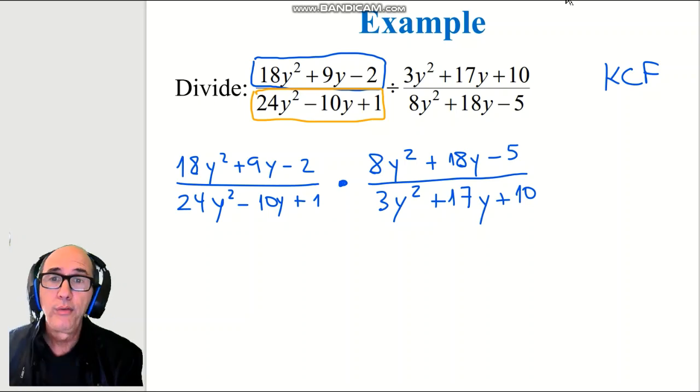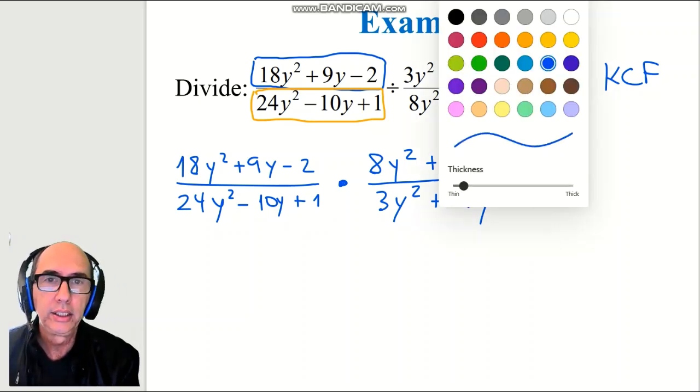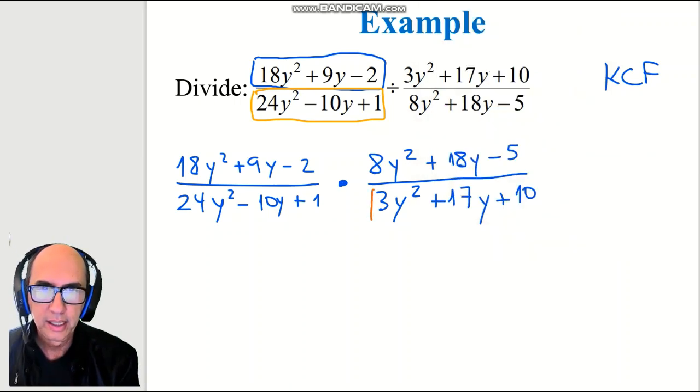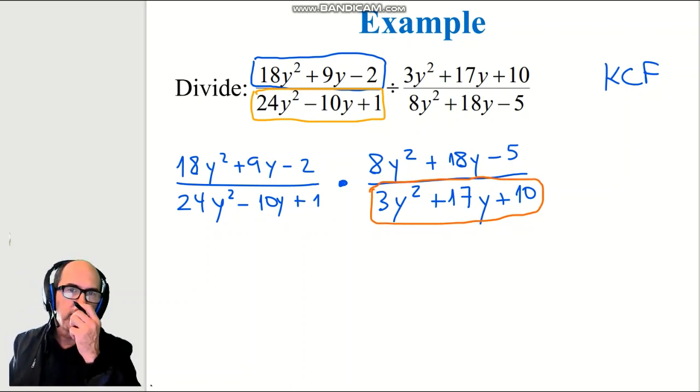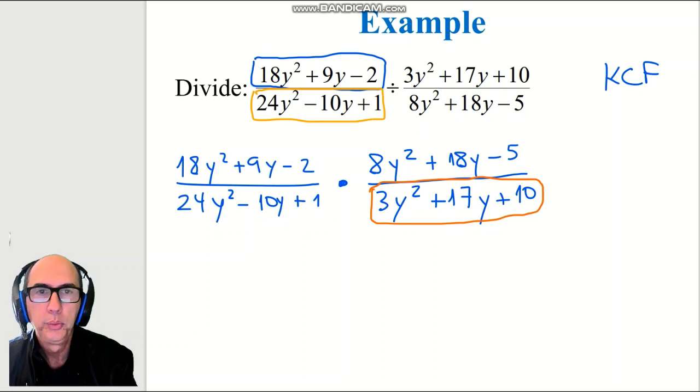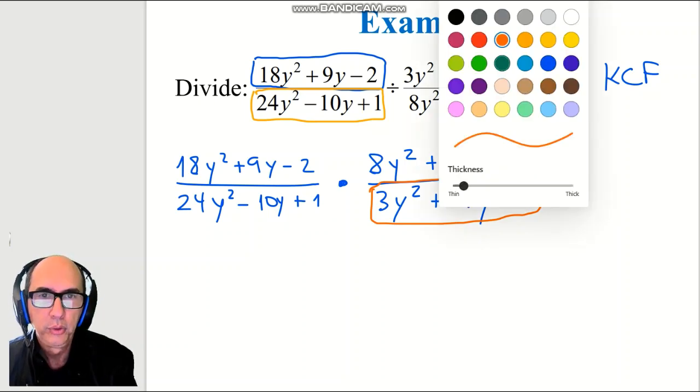Okay. Now for each one, let's get just one example. Let's say this looks simpler: 3y squared plus 17y plus 10. We will need to factor out each one. And we have to use factoring by grouping, which is another technique.